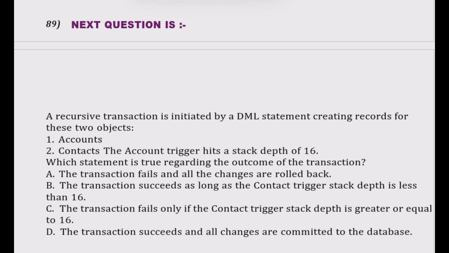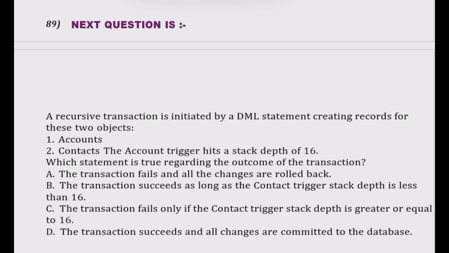Question is, a recursive transaction is initiated by a DML statement creating records for these two objects. First, accounts. Second, contacts. The account trigger hits a stack depth of 16. Which statement is true regarding the outcome of the transaction? Option A. The transaction fails and all the changes are rolled back.